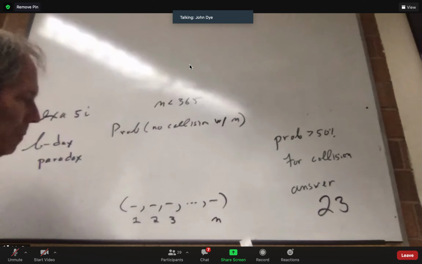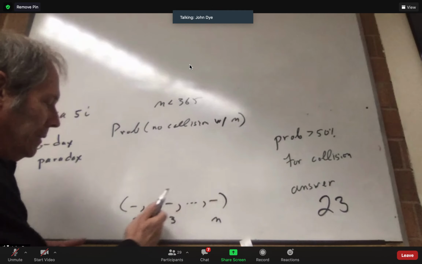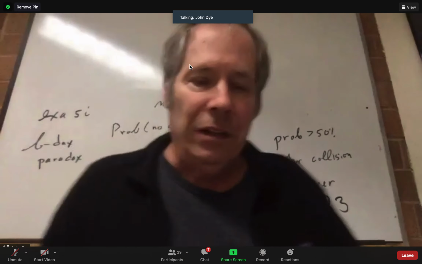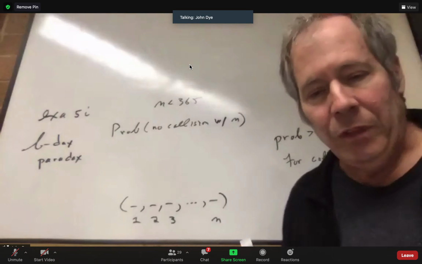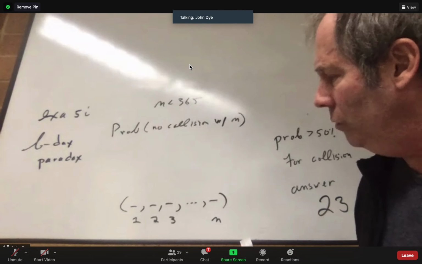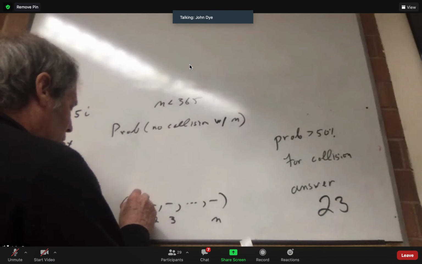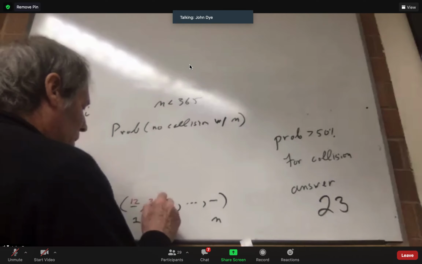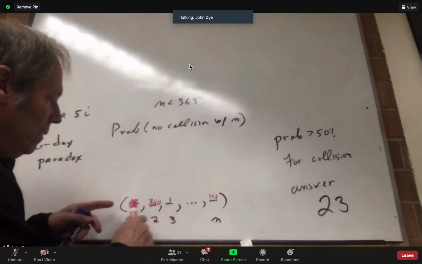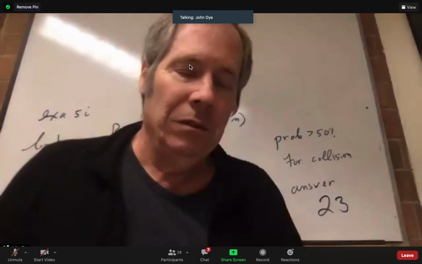If you've got n people, how many different ways could they have birthdays such that none of them have the same one? So let's put in some birthdays they might have. This person has 12, this has 360, 1, and 14, something like this. So how many ways can this be done such that you don't get any collisions?